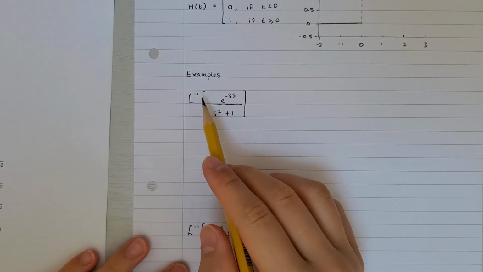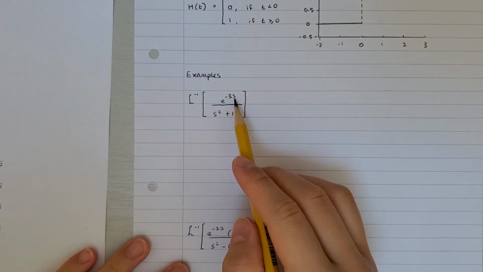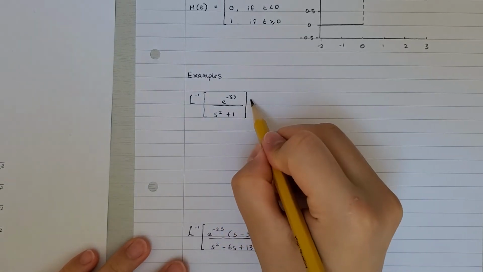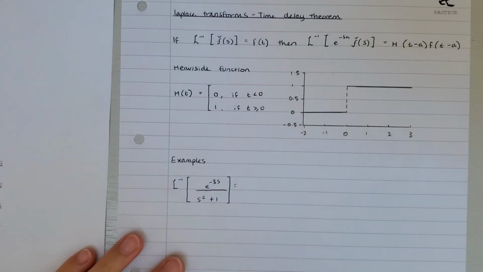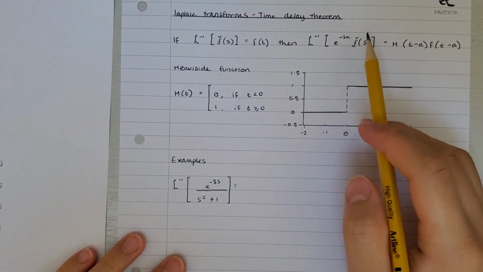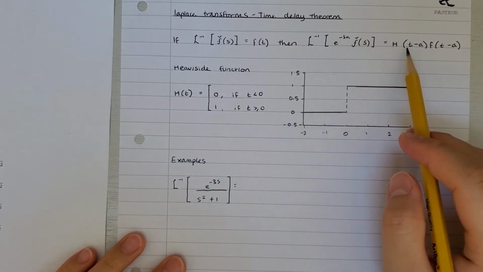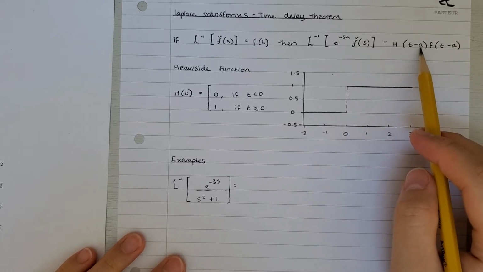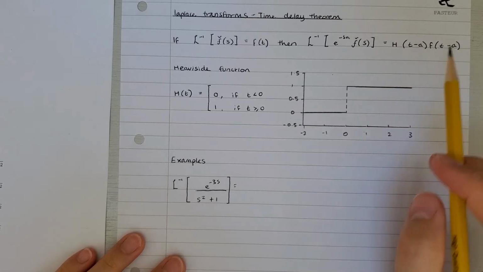So we have the inverse Laplace of e to the negative 3s over s squared plus 1. As mentioned before, we want e to the negative sa separated, so we can identify the inverse of the actual function to have the appropriate a in.